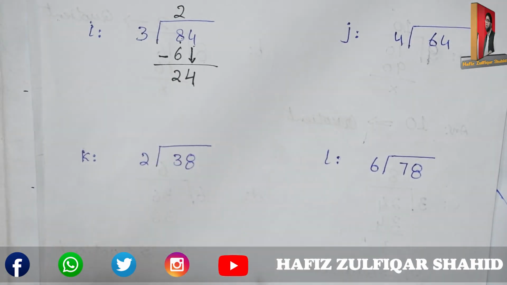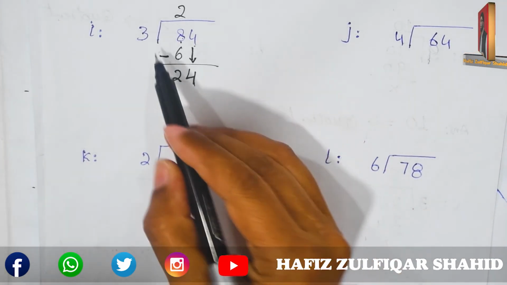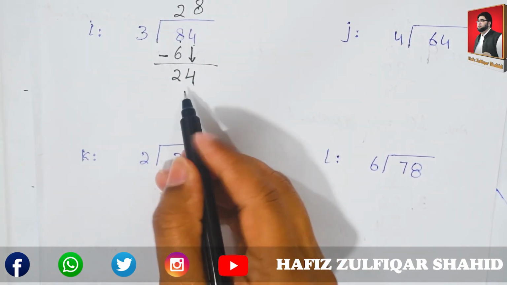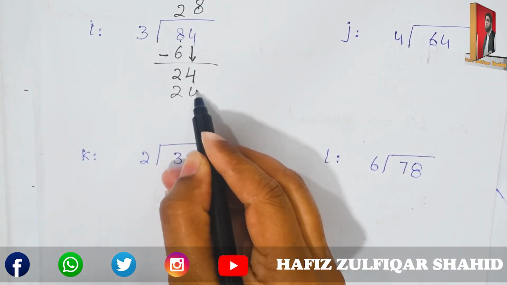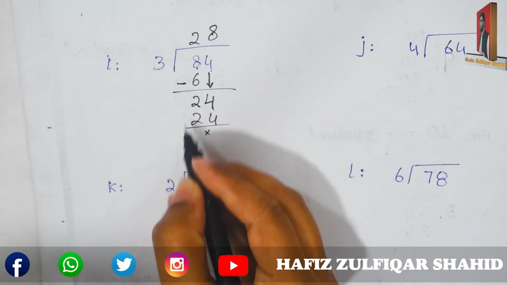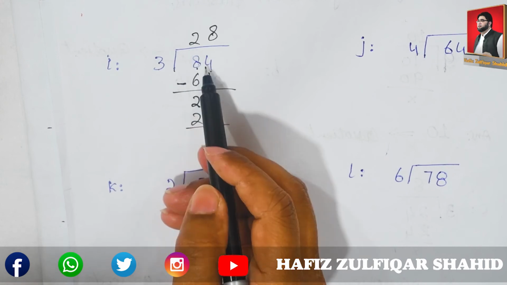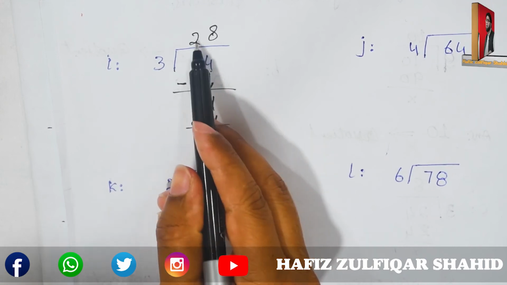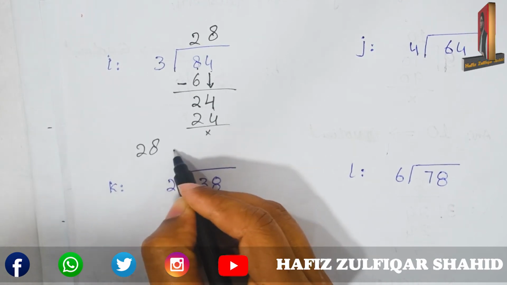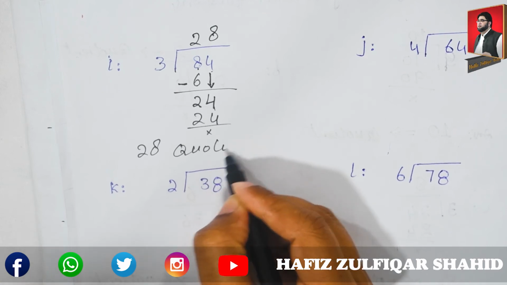Read the table of 3 till you get 24 or less than 24. 3 times 8 is 24. It is fully divided. So we divide 84 in 3s 28 times. 28 is our quotient or our answer.